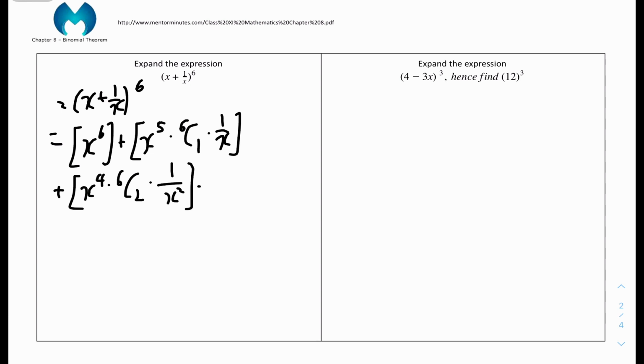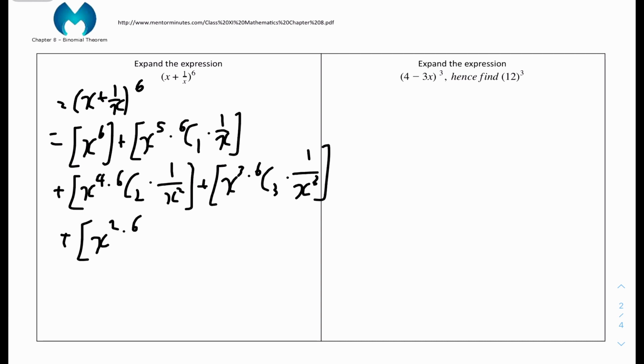And the fourth term will be x to the power of 3 times 6c3 times 1 over x cubed. And then the fifth term will be x to the power of 2 times 6c4 times 1 over x to the power of 4. And then the sixth term will be x to the power of 1 times 6c5 times 1 over x to the power of 5.